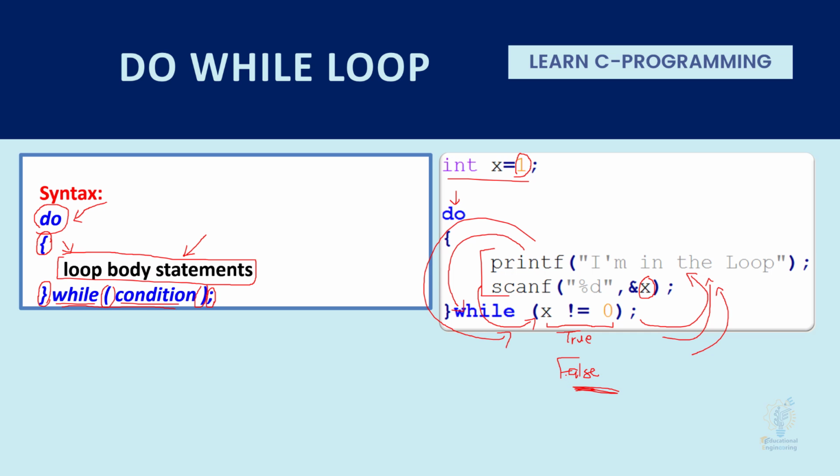Just like what we explained in the while loop, except that in this case, if the condition is false from the beginning, the code block will be executed at least once, because we are executing the code block before even checking whether the condition is true or false. And this is because we are starting with the do, then the while, unlike the while loop, which is the second type that we explained.